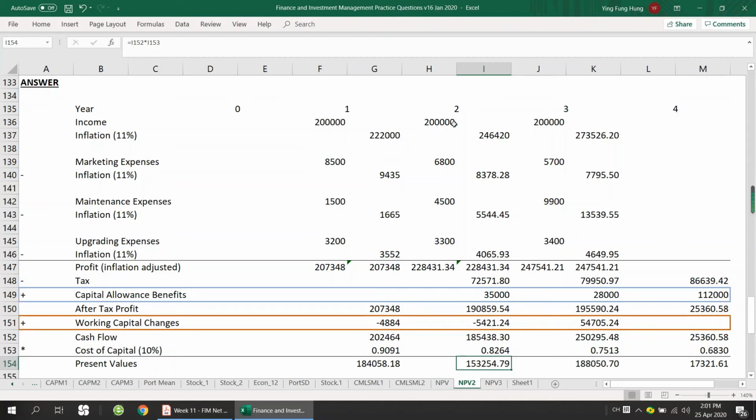And for year 3, similarly, we take the cash flow of year 3, which is 250.295 thousand, and we multiply this by the discount factor of 0.7513. This should give us a present value of 188.051 for year 3.